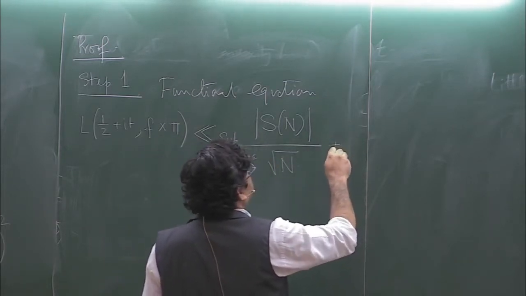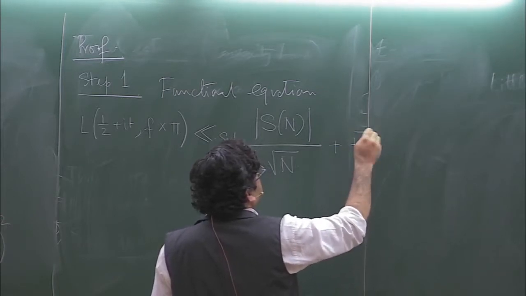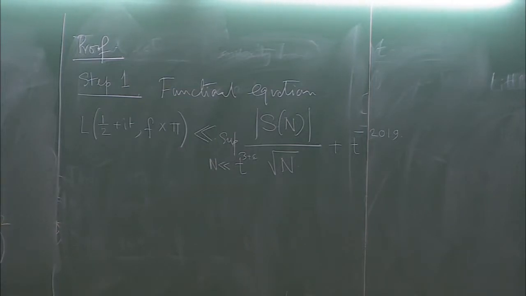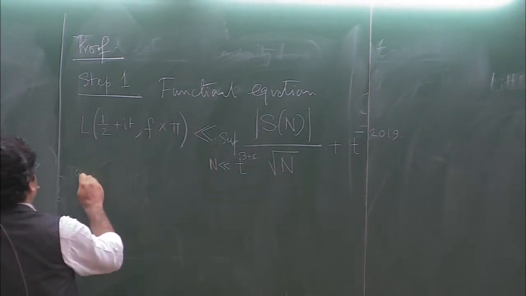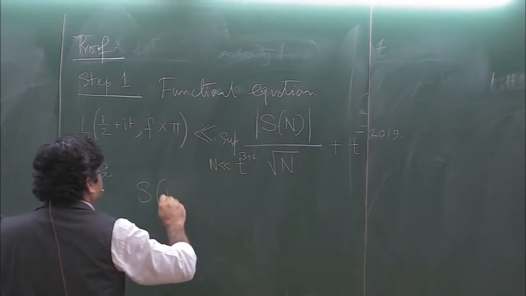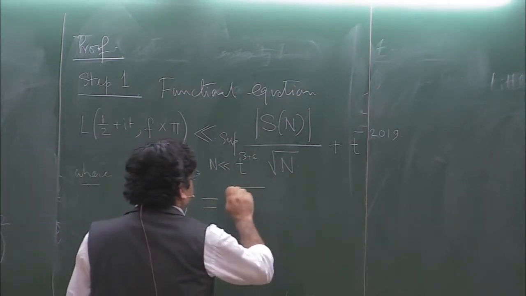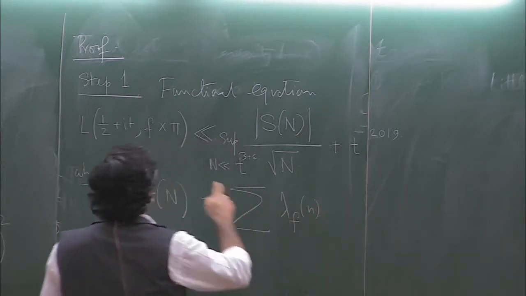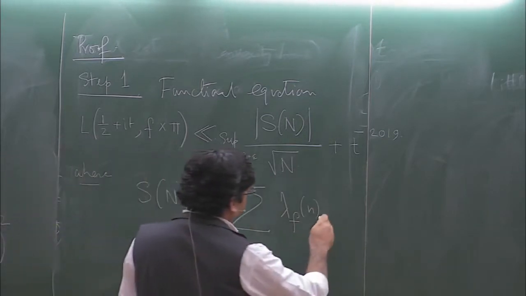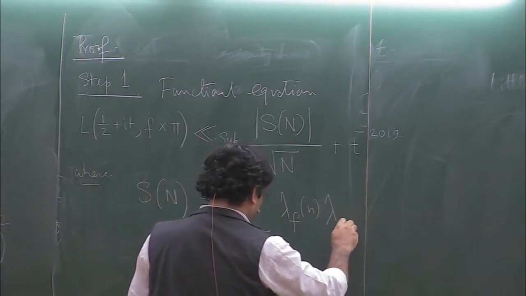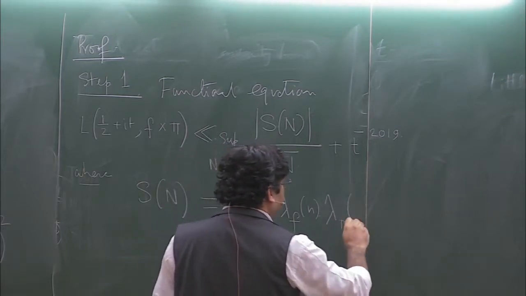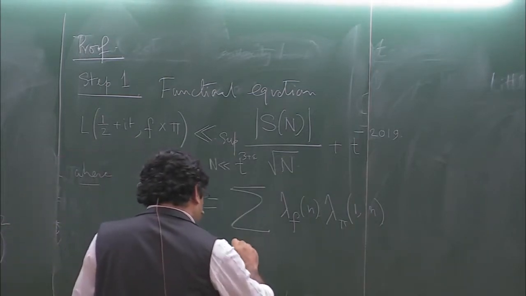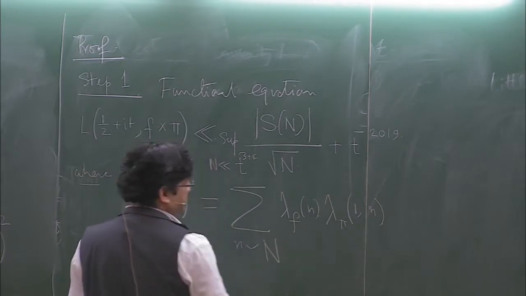I'll have a small window over here, and an error term which is negligibly small, which gets better every year. Yeah, and Sn here is a smooth sum. So now lambda f(n) are the Fourier coefficients of f normalized, and lambda pi(1,n) are the Fourier coefficients of pi, and here n is of size capital N, right?